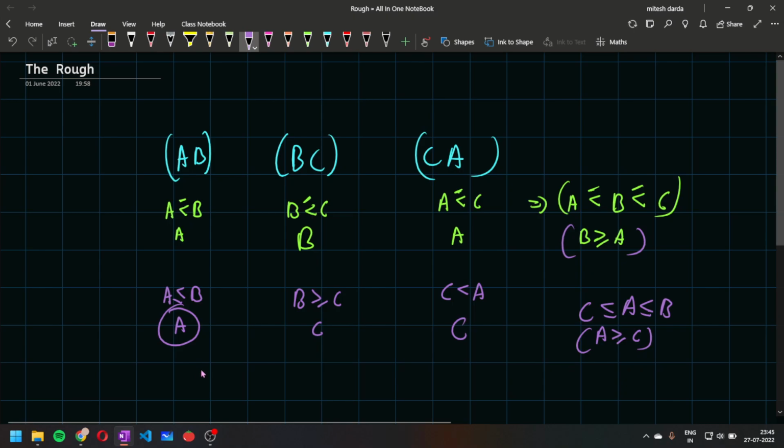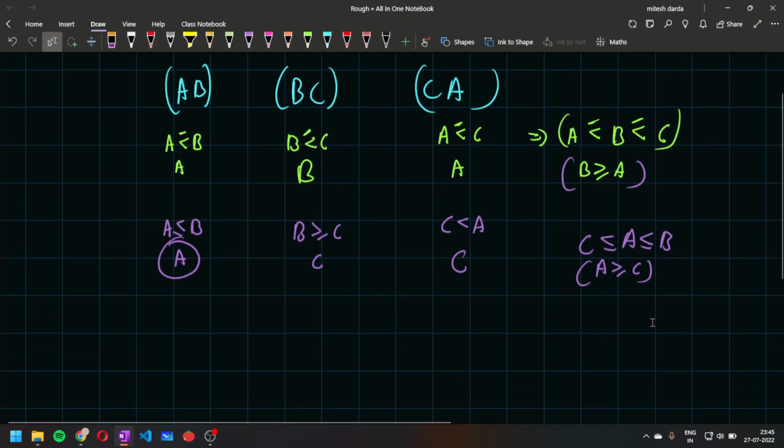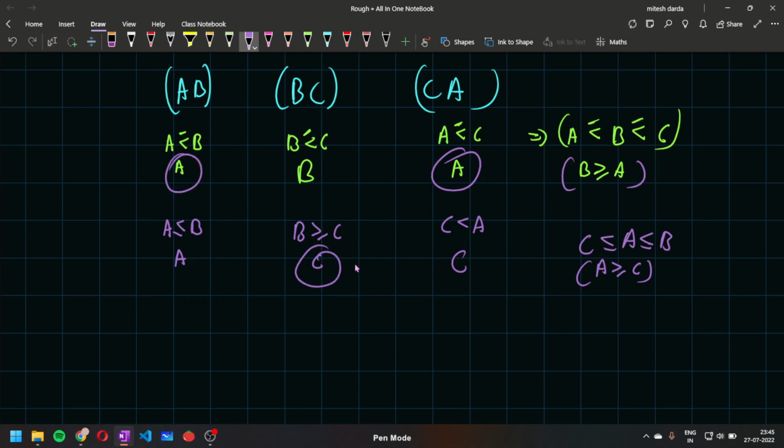In the last condition we are going to look at, we are having the first and last value, and in this we are having the second and third value.